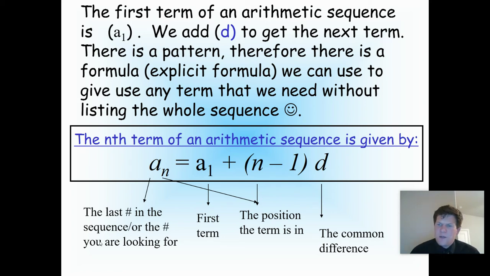I have a feeling this still might be a little confusing. So let's go through a couple examples of this, and hopefully it'll make a lot more sense. But explicit formula for arithmetic sequences is this formula right here.